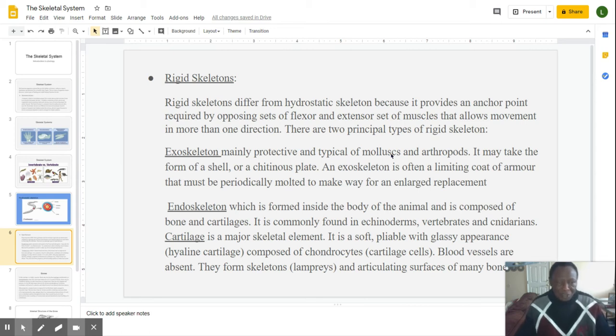The second type broadly can be classified as the rigid skeleton. Rigid skeletons differ from hydrostatic skeleton because they provide anchor and points of attachment for muscles. The opposing set of actions of the flexor and the extensor muscles will take our hand forward and bring it back.